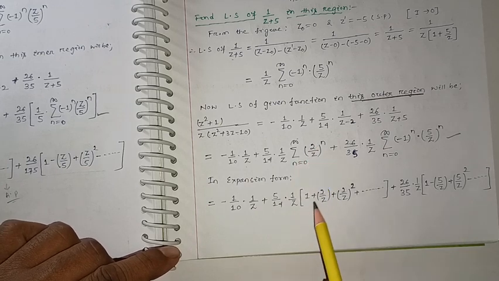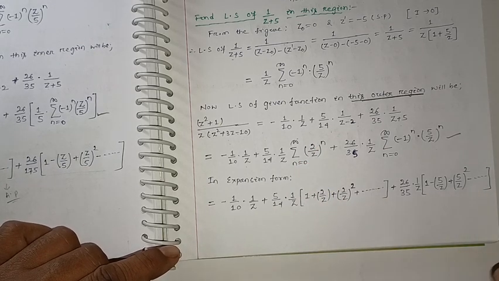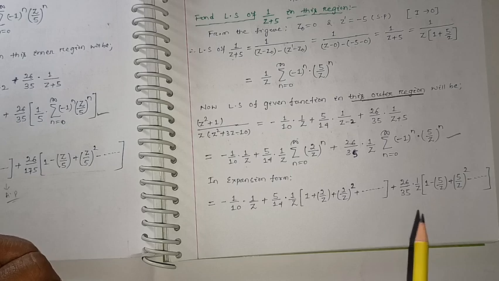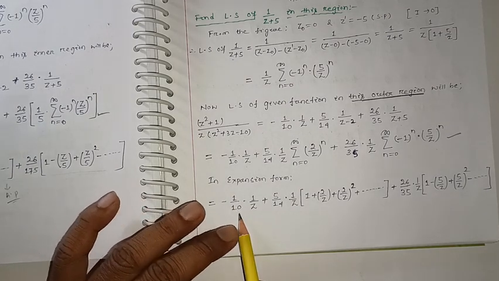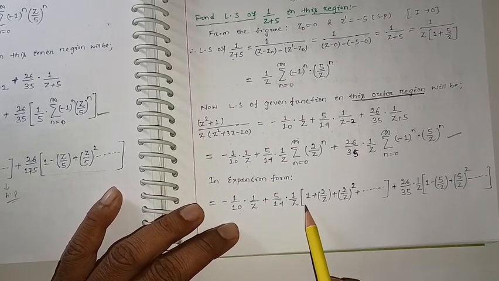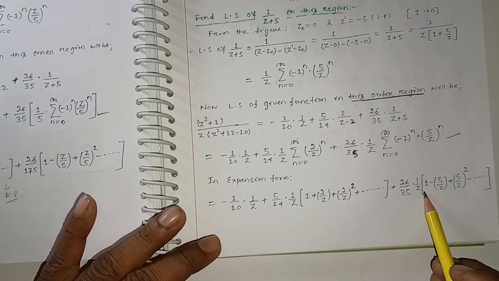In the expansion form you can write it this way. Here if I expand, I am going to get one term, and here I am going to get a different residue value, because here minus 1 by 10 times 1 by z is there, here another 1 by z term is there, and here another 1 by z term is there.